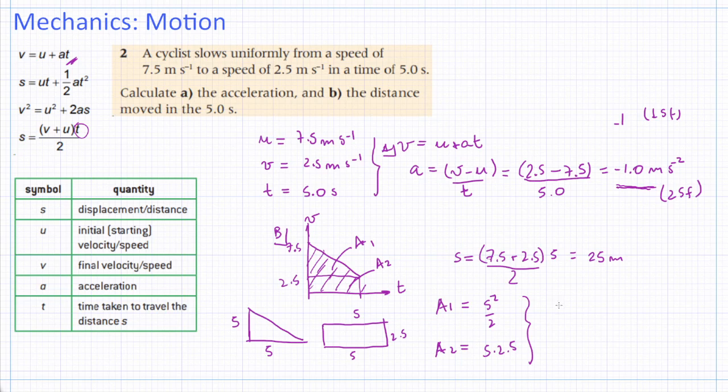So if we add them up, we should have 2 times 2.5 times 5. Okay, and that would be our displacement. Now 2 times 2.5 is 5, times 5, 25 meters. So there you go, 2 different ways to solve the same thing.